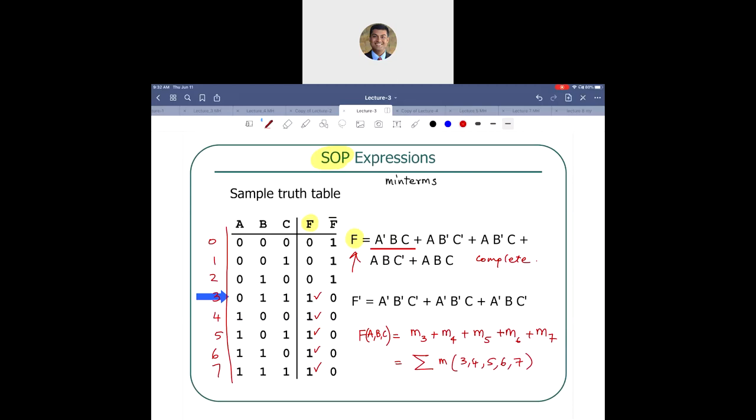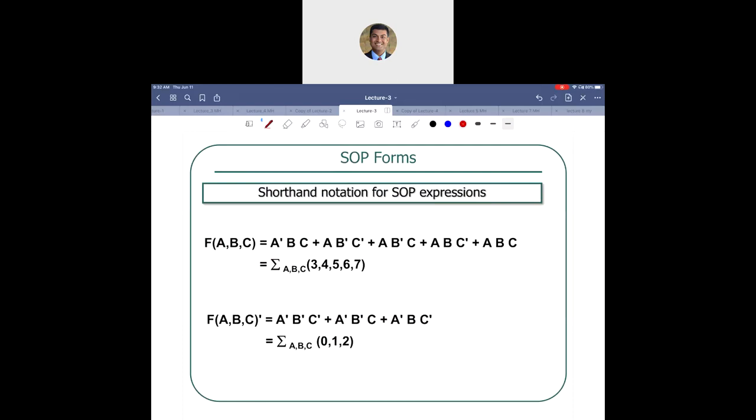And we have other forms as well, as you can see over here. A very, very compact form is shown here, which is a summation sign, which tells you that it is a sum of products. The order of the inputs is A followed by B followed by C. And inside the parentheses, you have the minterms.